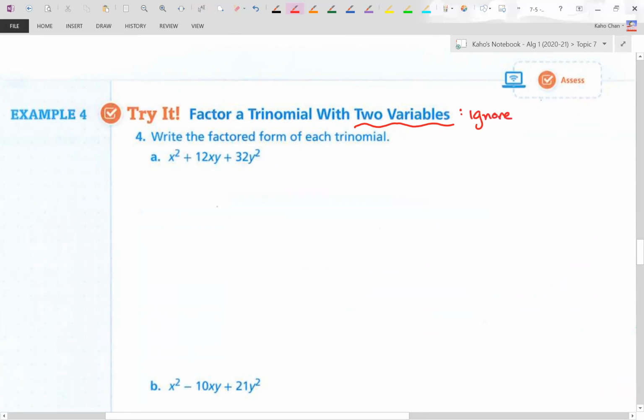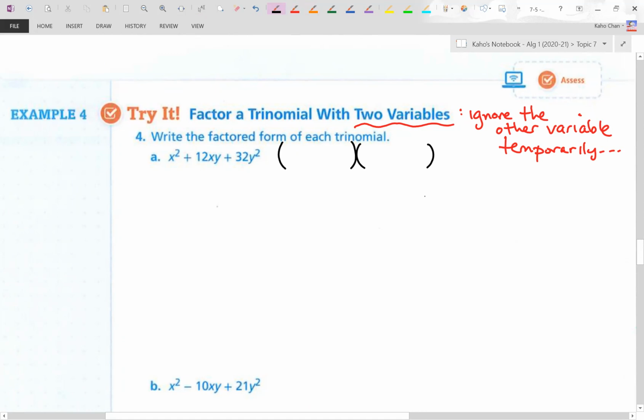Ignore the other variable for now, and put it back in later. So ignore the variable temporarily. It makes life so much easier. Same process.